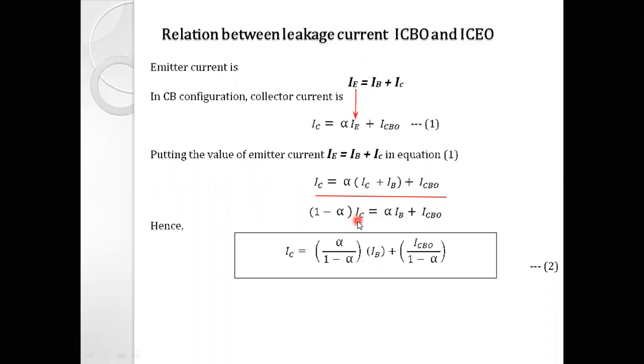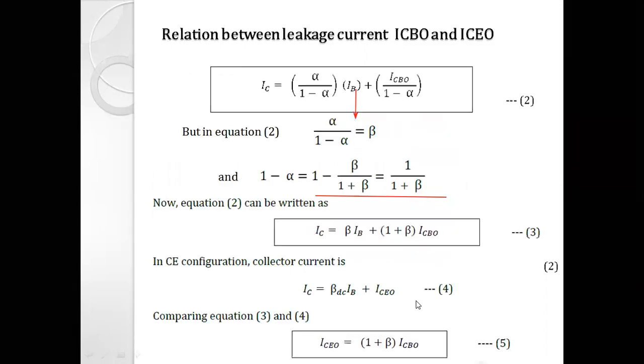By making IC the subject of the equation, that means sending 1 minus alpha to the denominator of the right hand side, the equation becomes IC is equal to alpha divided by (1 minus alpha) into IB plus 1 upon (1 minus alpha) into ICBO. With this, we can go further for the derivation.